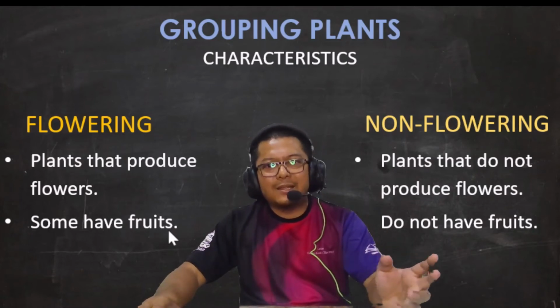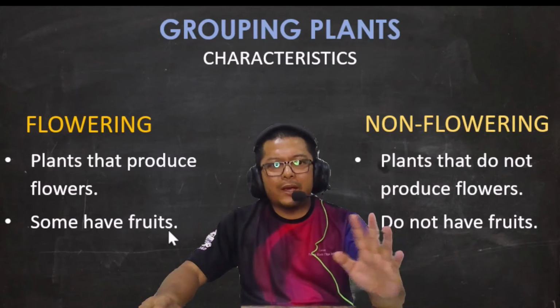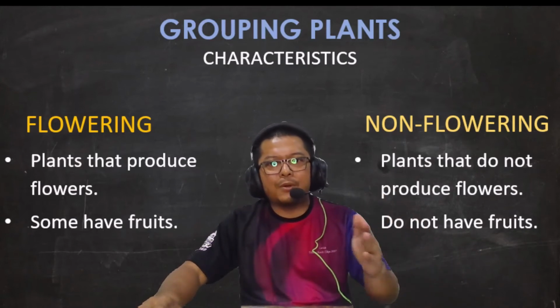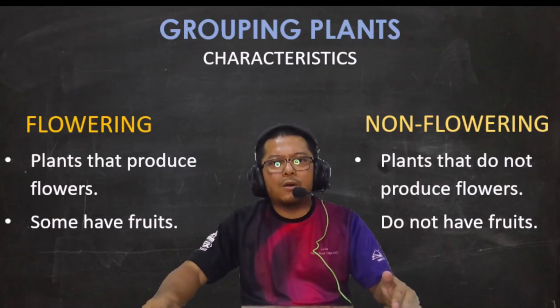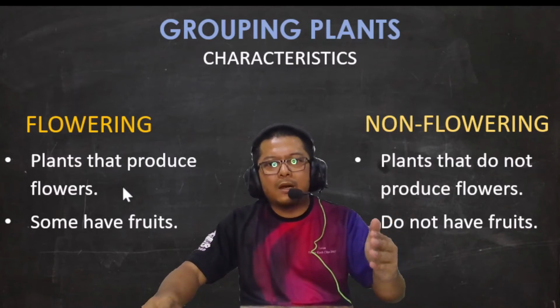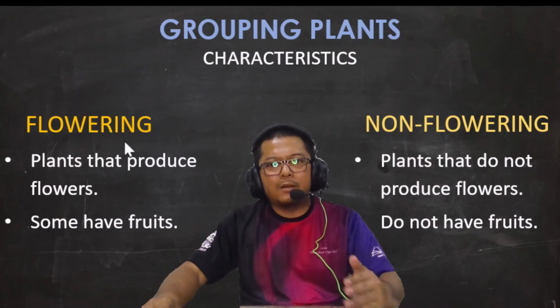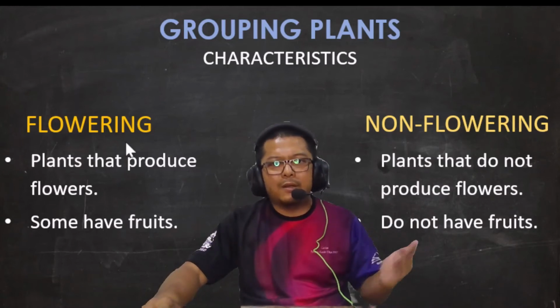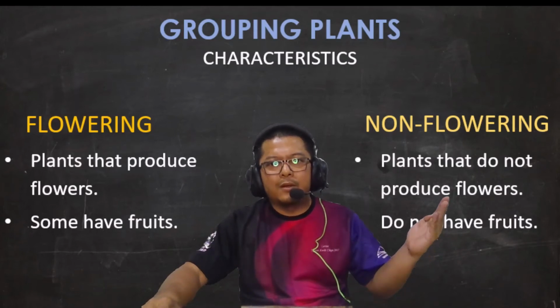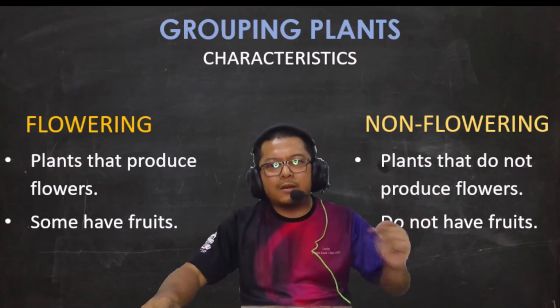So any kind of plants that have fruits or produce fruits are called flowering plant. This one, flowering plant. Yang ada buah, flowering plant. Yang ada bunga, flowering plant. Here, yang nada buah, do not have fruit, non-flowering plant. Plants that nada bunga, non-flowering plant.